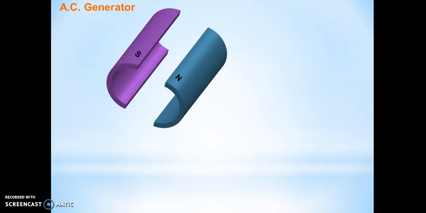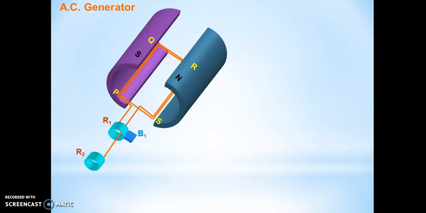As you can see, you have two poles, north and south. I have taken such a magnet, and I have taken an armature coil PQRS. To this coil I have attached a ring R1, and to the first ring R1 I have attached a carbon brush B1. Now I have a second ring as well, which is R2, and a brush B2 is attached.